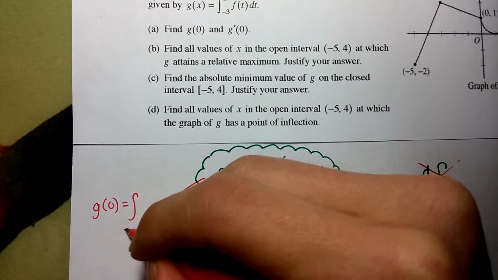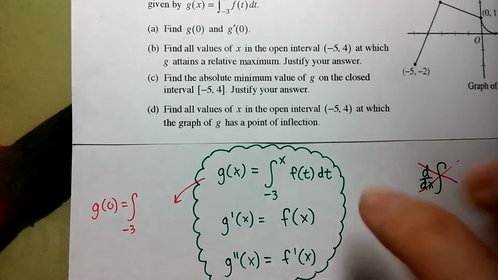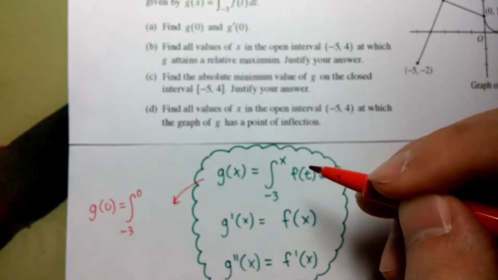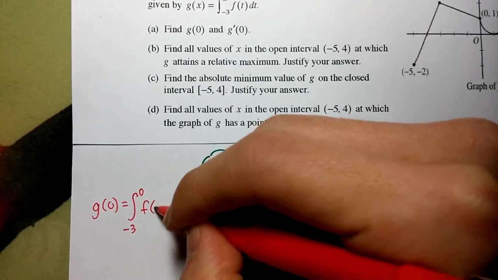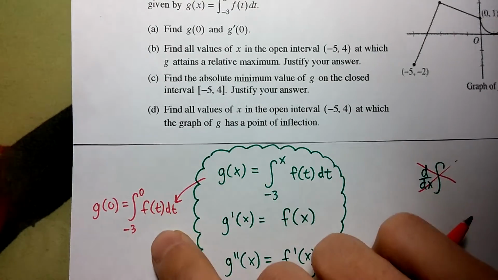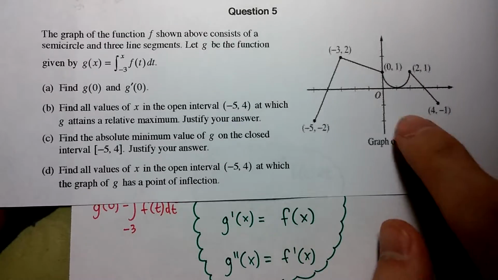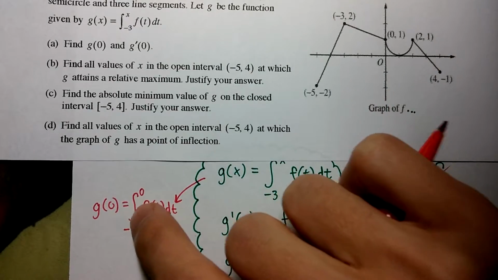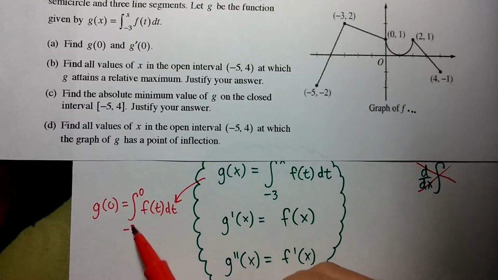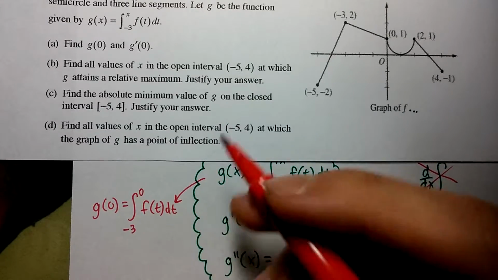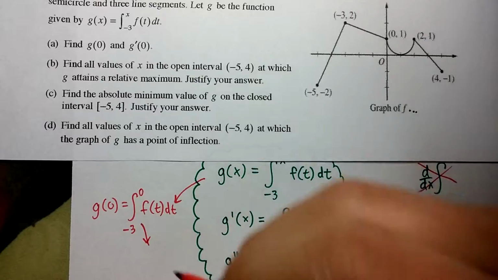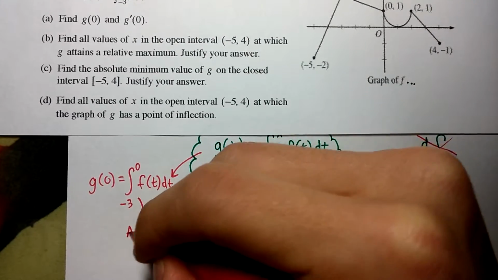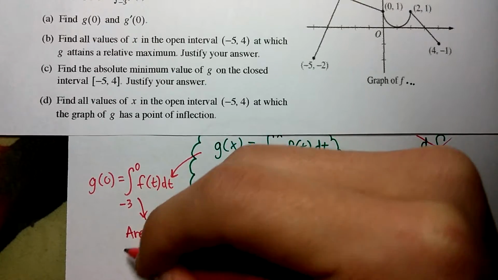You want to know the integral from -3 to now x is 0 this time. And that's going to be of f of t dt still. Okay, remember, f of t dt is this function. So if I want to get the integral from -3 to 0 of f of t, well, you have to remember that this concept of the integral simply means the area underneath the curve.